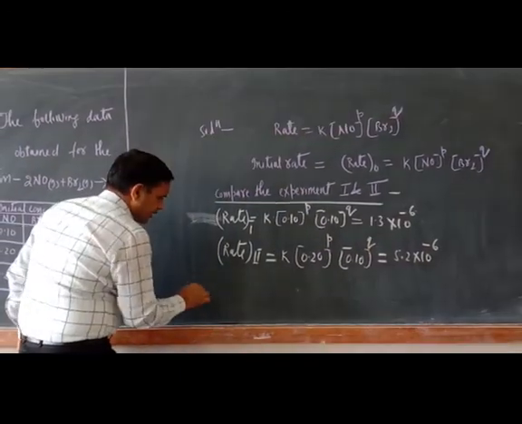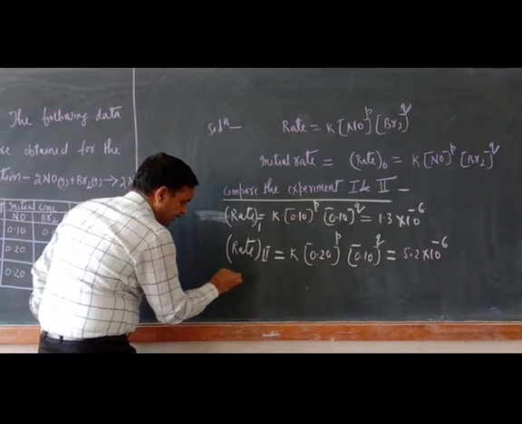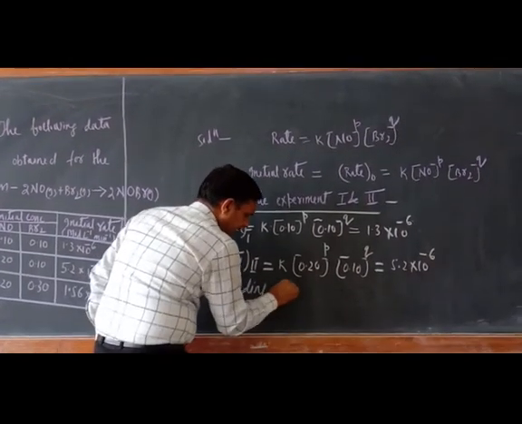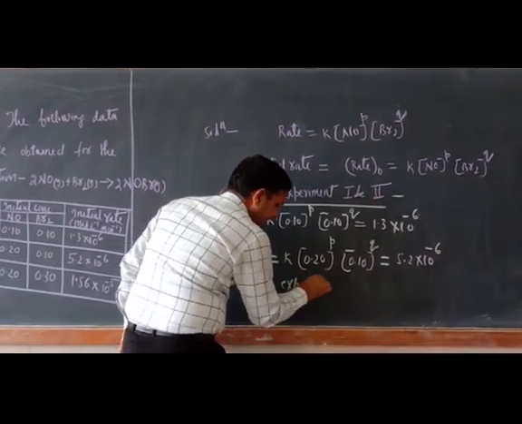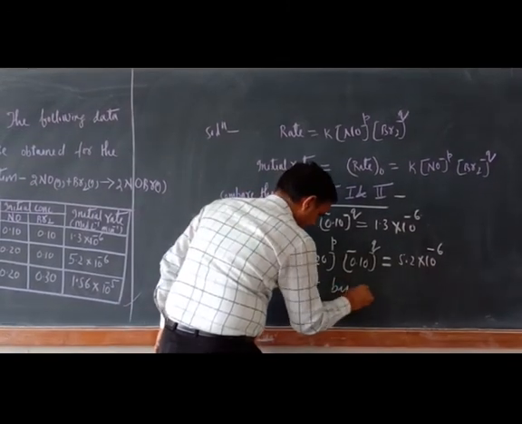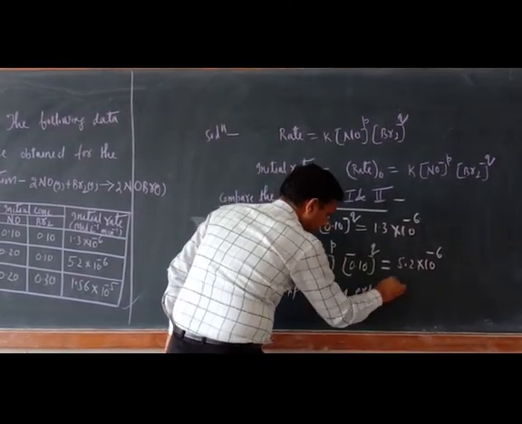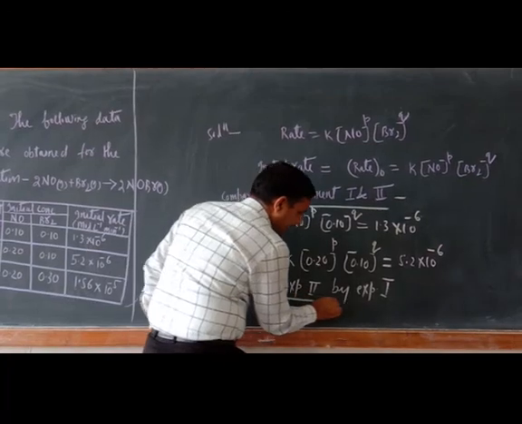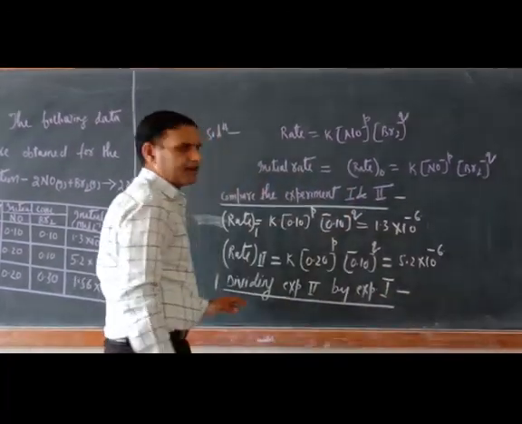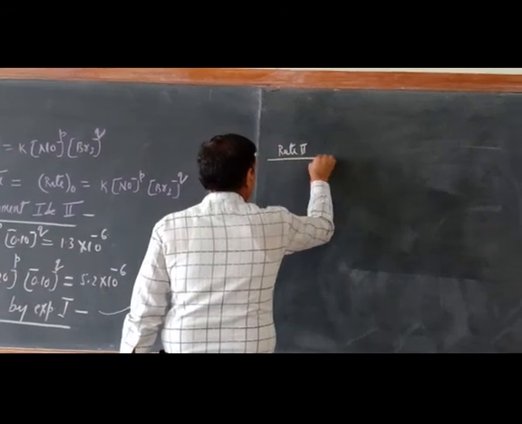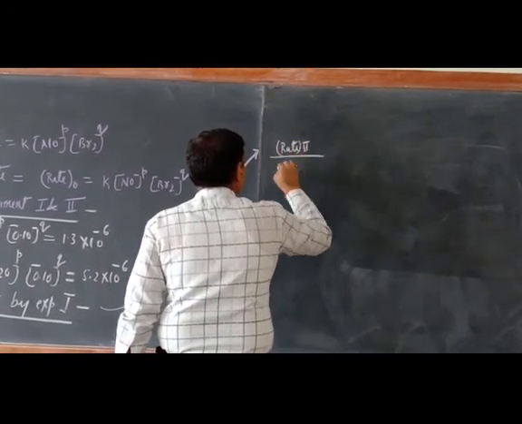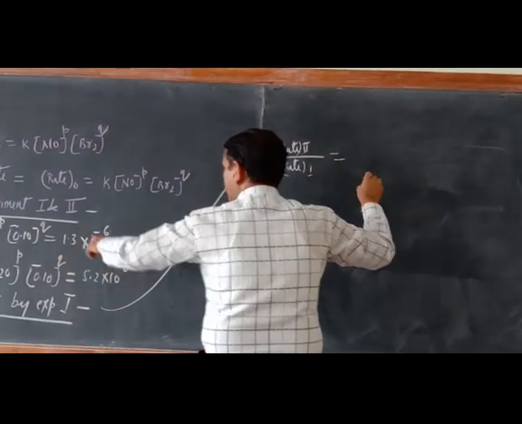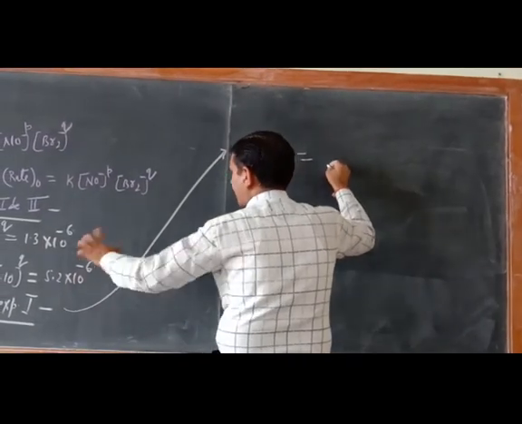Next we divide experiment second by experiment first. So rate second by rate first is equal to: K will be cancelled out.